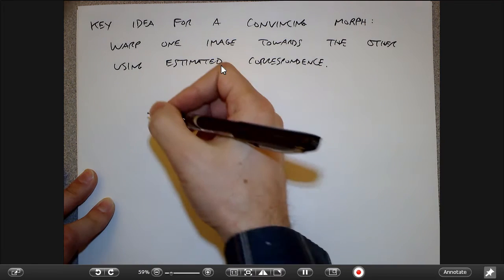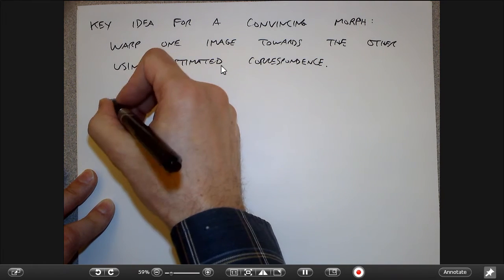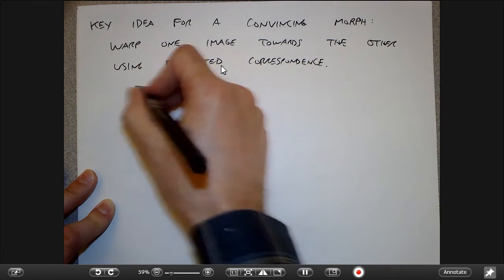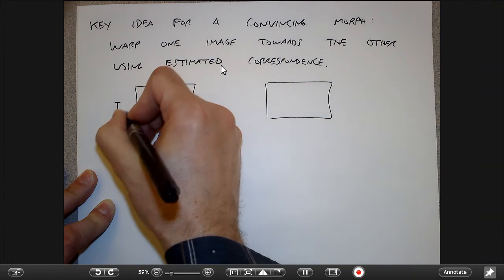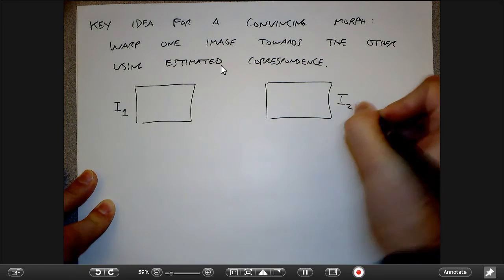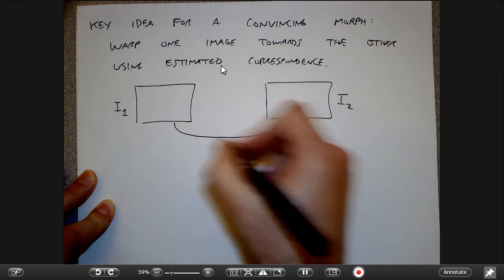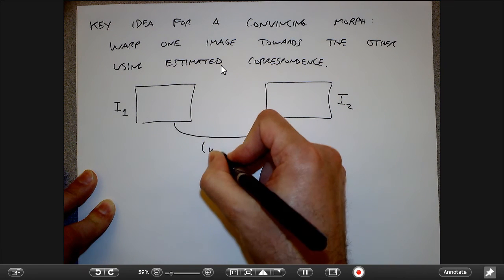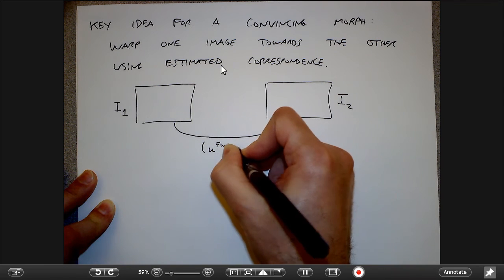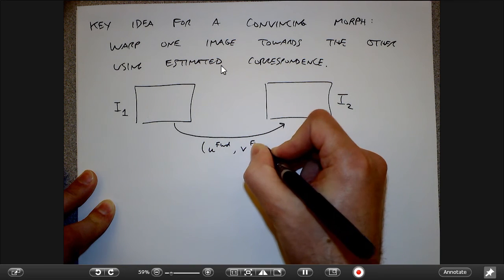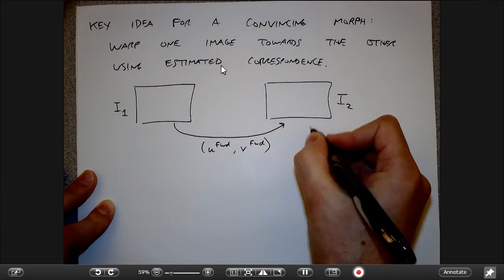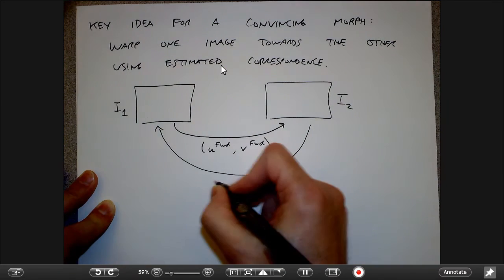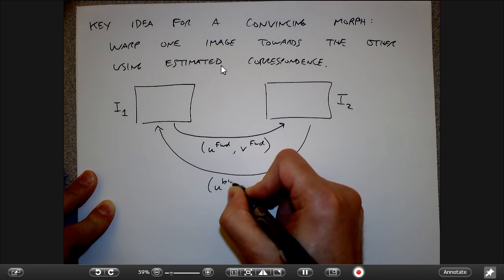So that means, for example, let's say I have the two images. And going this way, I have some sort of optical flow field that says, this is how I push pixels over towards image 2. And then going this way, let's suppose I have some sort of backwards optical flow field.